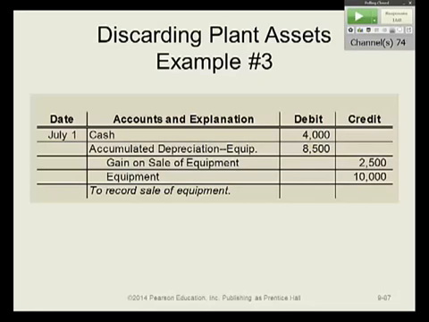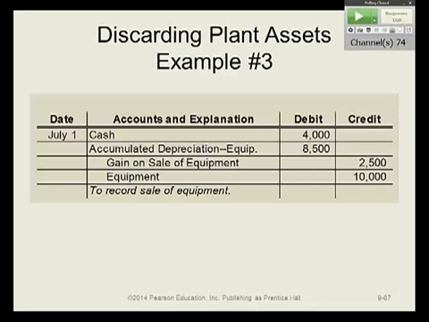It's exactly the same scenario where you have to debit the accumulated account to bring that to zero, 8,500, and you have to credit the equipment for 8,500. So in this case, you received 4,000 on an asset with a net book value of 1,500, and the gain is 2,500. The gain becomes part of other revenues and other expenses on your income statement.